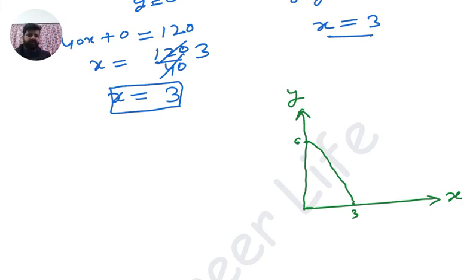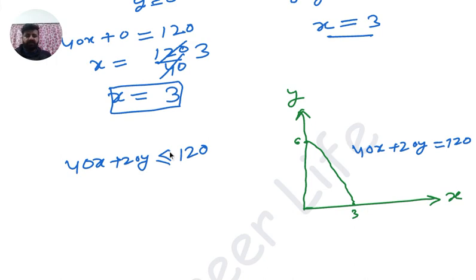So this equation is 40x plus 20y equals 120. Yes, and our inequality was 40x plus 20y is less than or equal to 120.